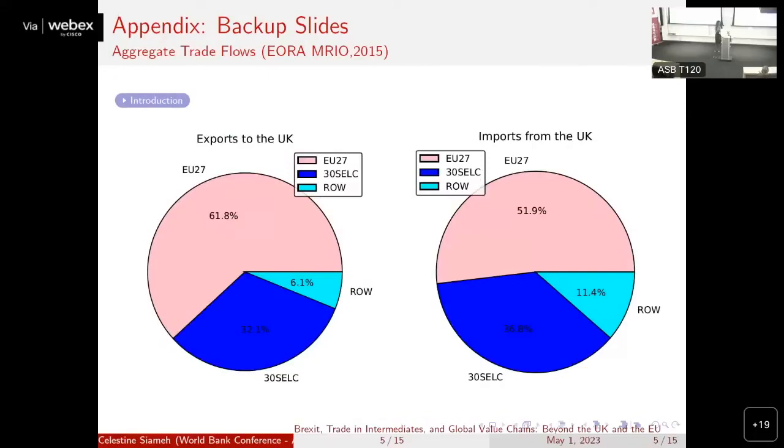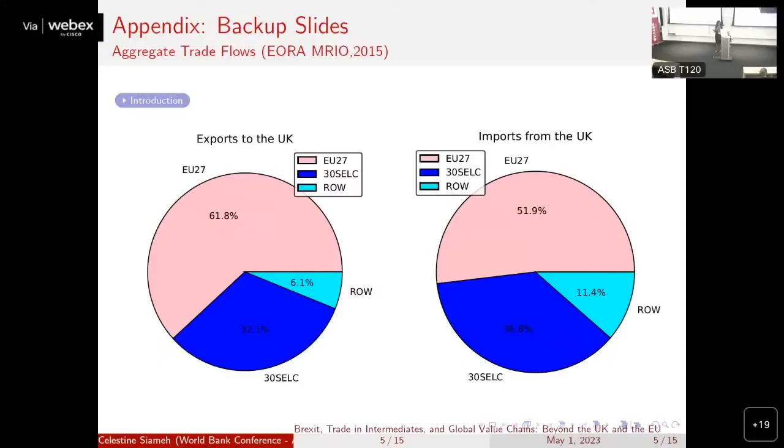Another key fact is that if you look at the aggregate trade flows, that's the to and fro of imports and exports from the UK, we can see that on the export side, the EU has about 62% of its exports going to the UK, the 30 selected countries which trade most with the UK have about 32%, and the rest of the world has about 6%.